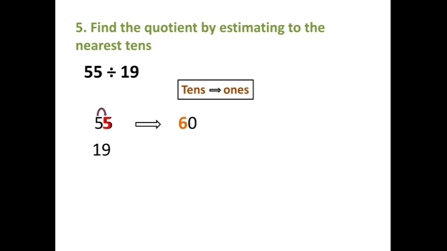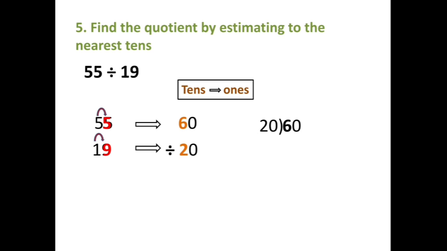Which number is in ones place, 1 or 9? 9 is in ones place. So we have to do the comparison between 9 and 5. Here 9 is greater than 5. So the tens place 1 is added by 1. 1 plus 1 gives 2 as the answer. 19 becomes 20. Let us do the division now.